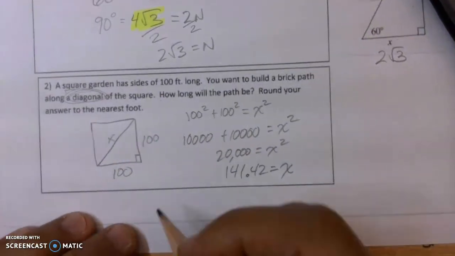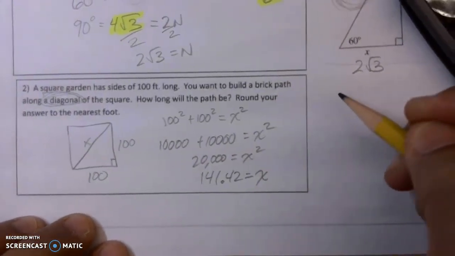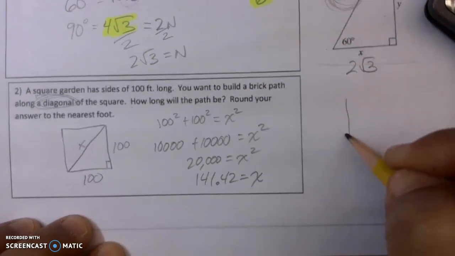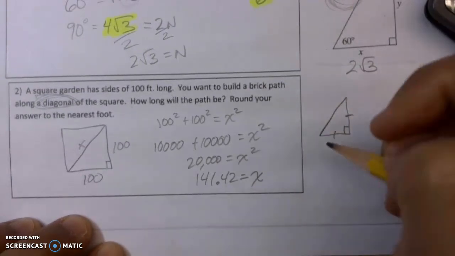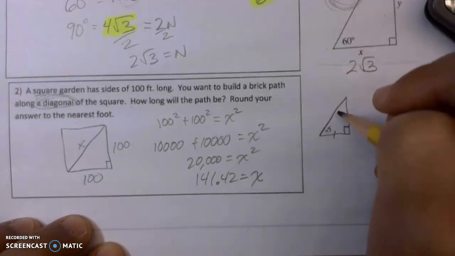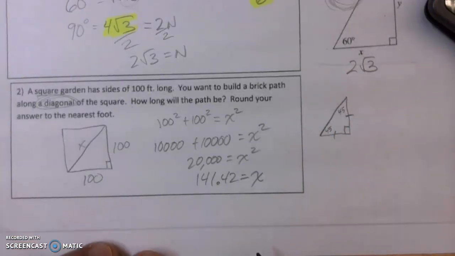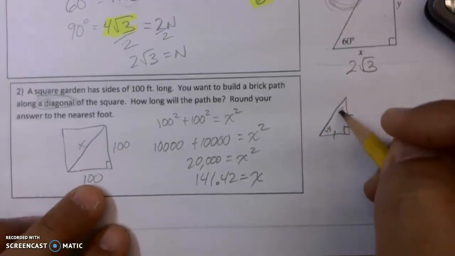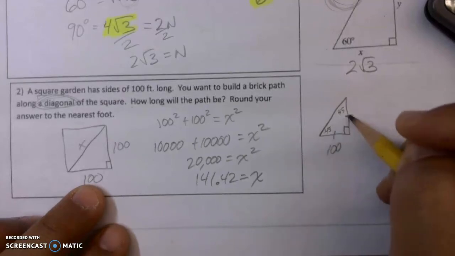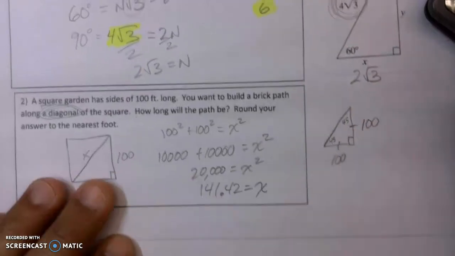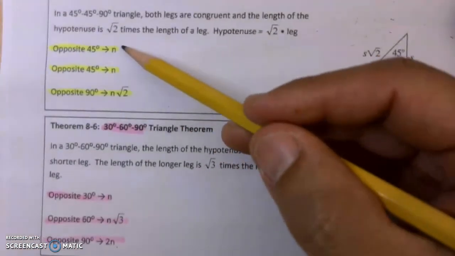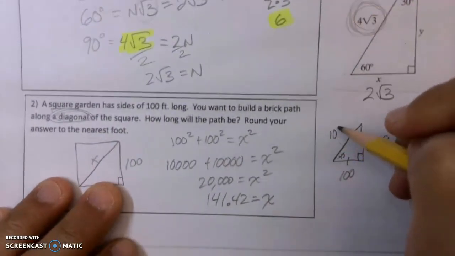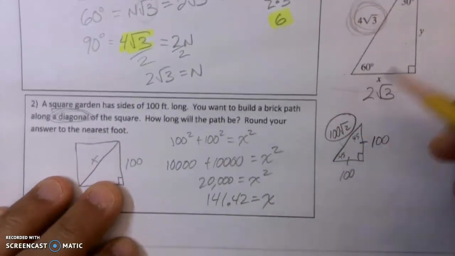The other way to do this is recognize the fact that 100 and 100 means it is an isosceles triangle. It's actually a 45-45-90-degree triangle. Opposite the 45 is 100. Opposite the 45 is 100. Opposite the 90 would be 100 radical 2, and that's your answer as well.